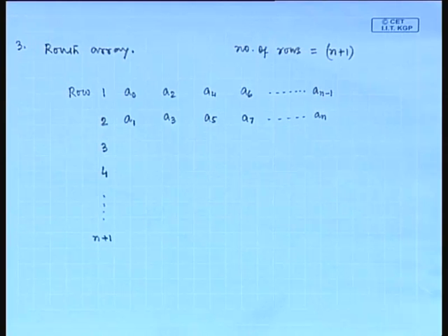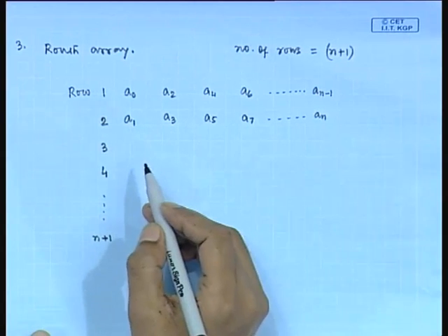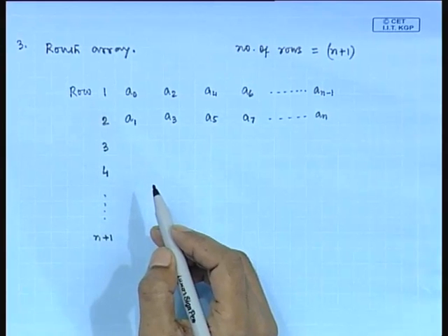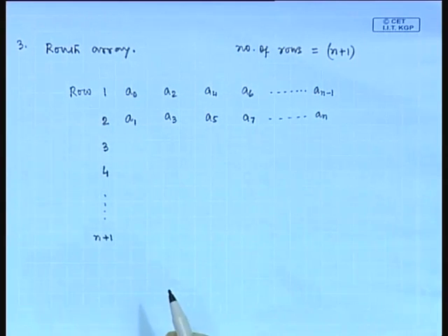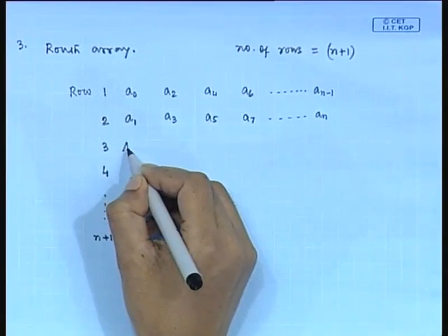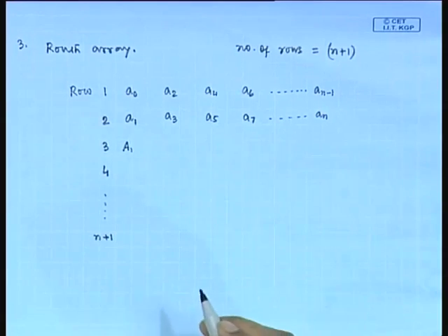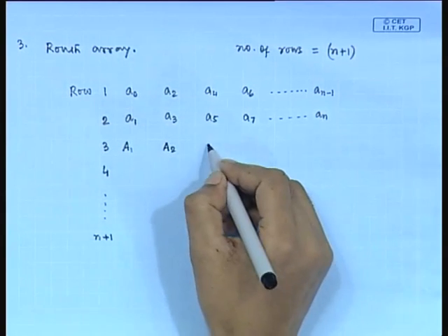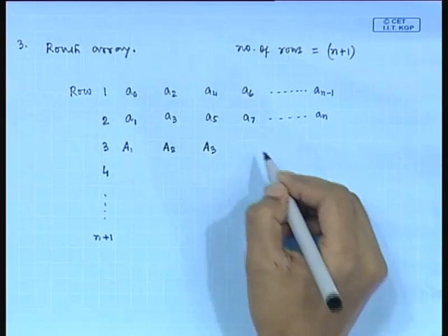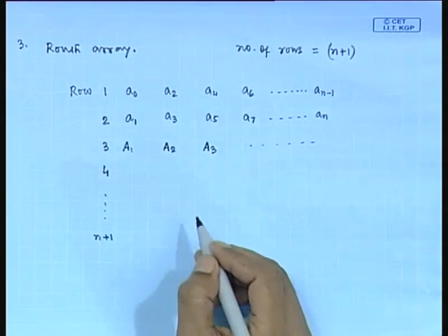The elements of the other rows we need to calculate. Fine. The elements of the other rows starting from 3 to n plus 1 we need to calculate. That calculation procedure has been proposed by Routh. Suppose the elements of the third row are capital A1, capital A2, capital A3, like this.